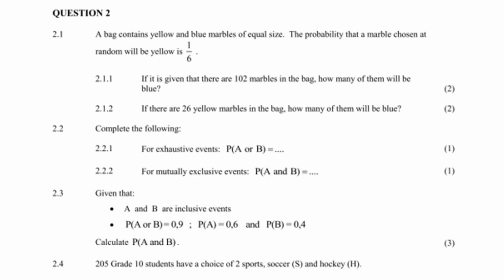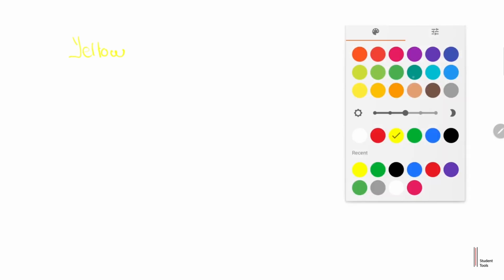Okay, now we are on question 2. Question 2, we have 2.1, which says a bag contains yellow and blue marbles of equal size. The probability that a marble chosen at random will be yellow is 1/6. Right, so we have a bag which contains yellow marbles, and then the other ones are blue marbles.